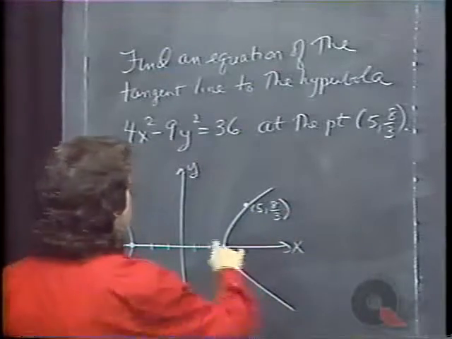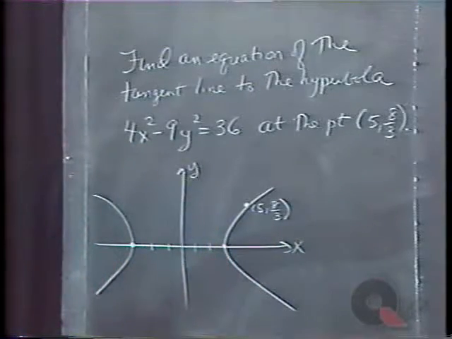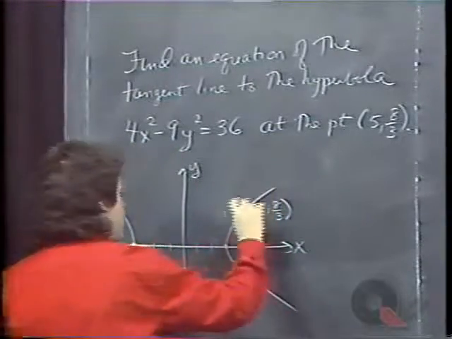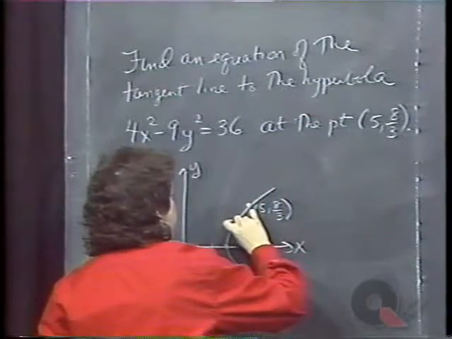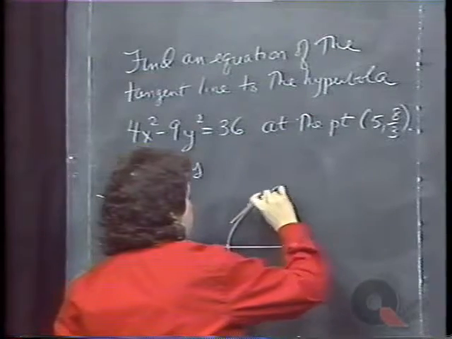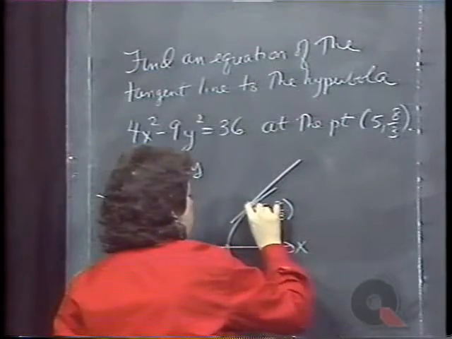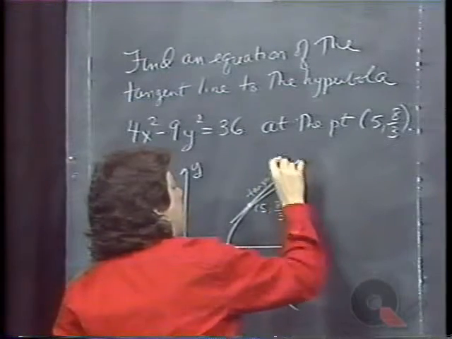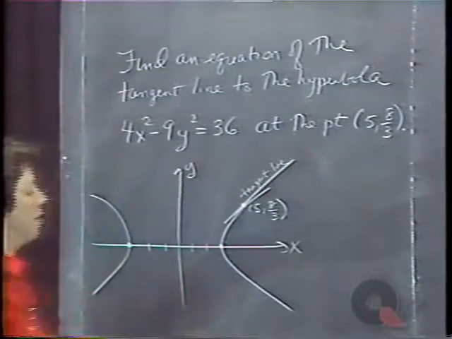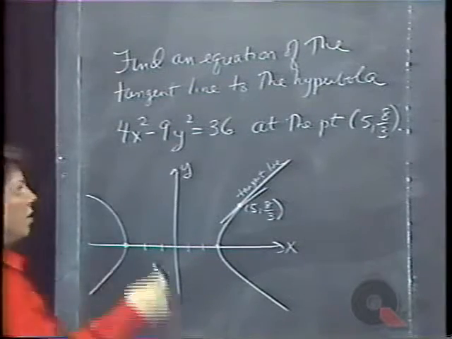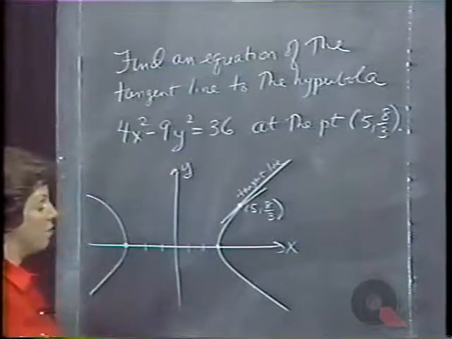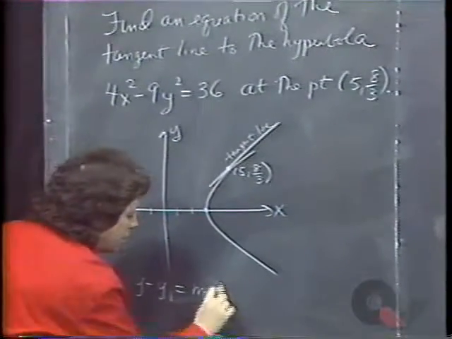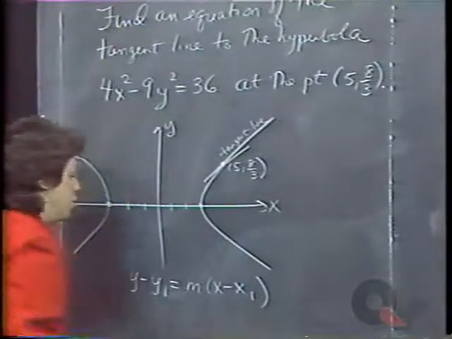And we're looking to find the equation of the tangent line to this hyperbola at this point. So we're looking to find the equation of this line. This is the tangent line that we are seeking. Now we know the point-slope form of the equation of a line is y minus y1 is m times x minus x1.